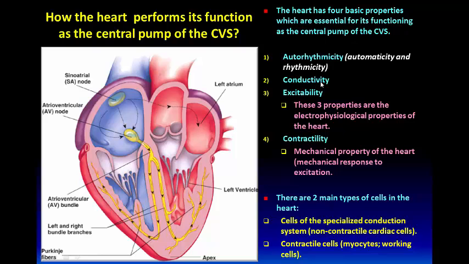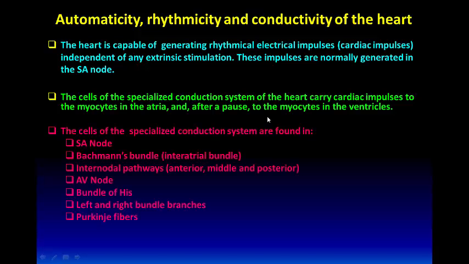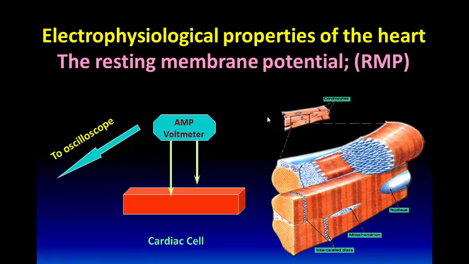So we will describe all these three electrophysiological properties in more details during this lecture. However, before describing these electrophysiological properties of the heart in more details, let me first explain the resting membrane potential, because it is the basis for all the three electrophysiological properties of the heart.